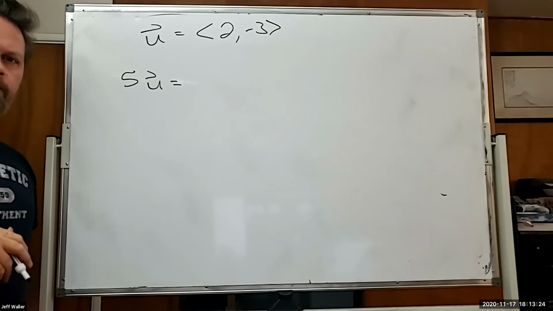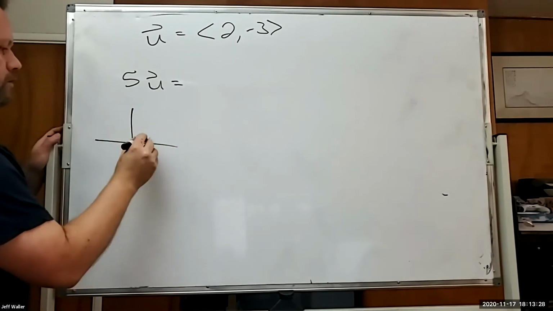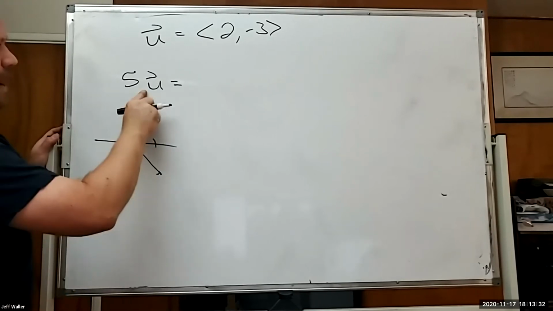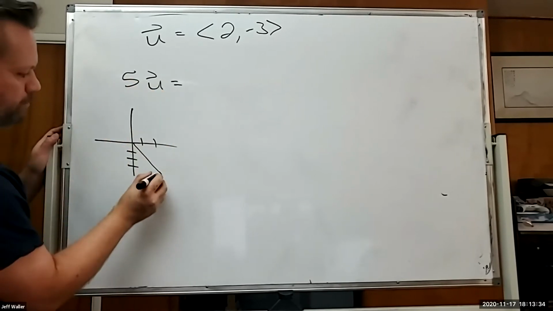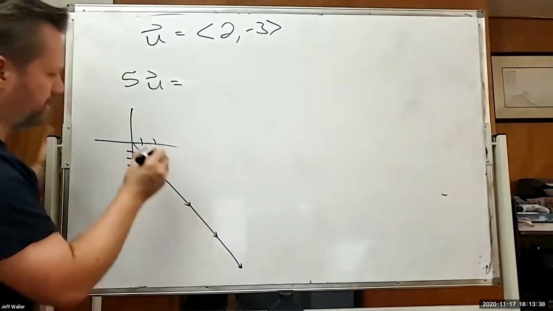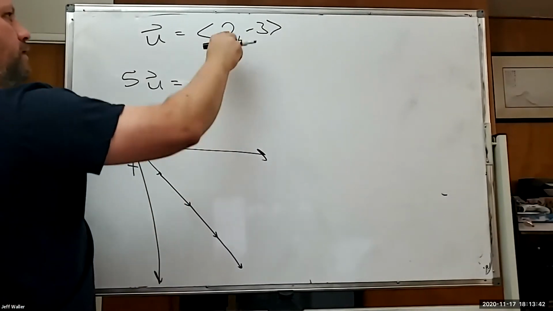Would it be 10, -15? Isn't that crazy? Because the idea is 2, -3, and what do I do to get five of these? I just put another one of these and another one of these. So it's going to be 5 times in that direction and 5 times in that direction. So it's just going to be 10, -15.